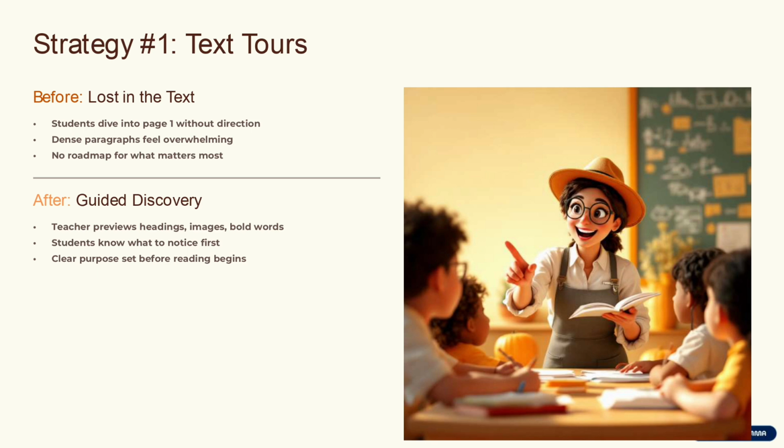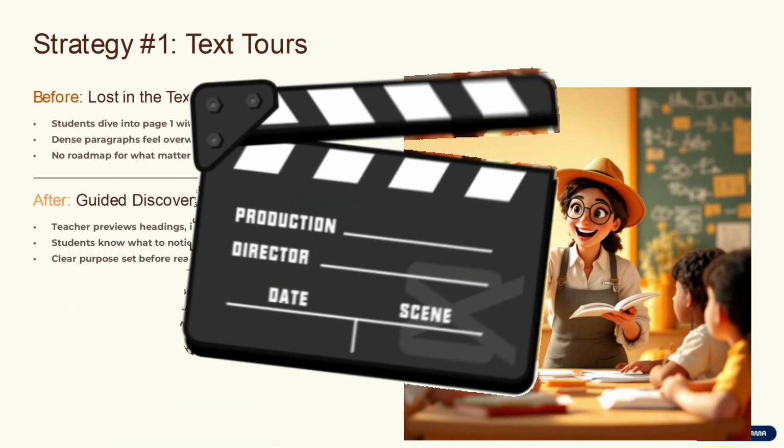She or he will point out the different pictures, headings, the bold words. Maybe it's a vocabulary word that's highlighted, and they'll have a discussion about what the kids or students might infer about what they are going to read. And this is a really good first step in introducing the topic without overwhelming the students too much about all the words that they see on the page.